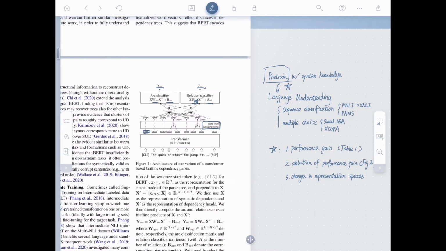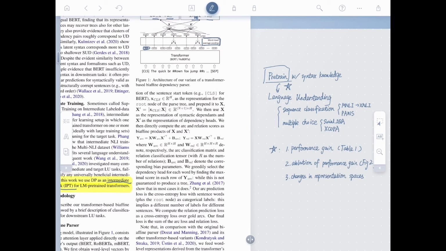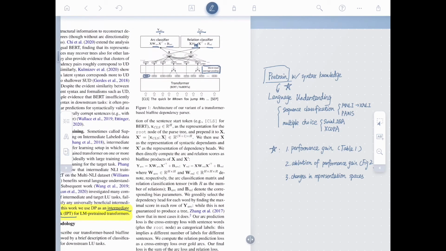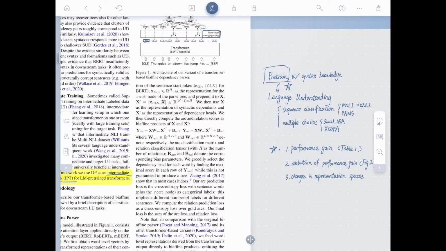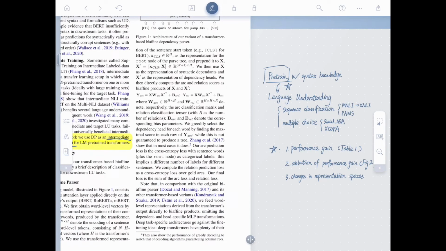During optimization, the two streams of linear layers are optimized together. The arc prediction loss is the cross entropy with the sentence words plus the root node as categorical labels, and the relation loss is a cross entropy loss over gold arcs.